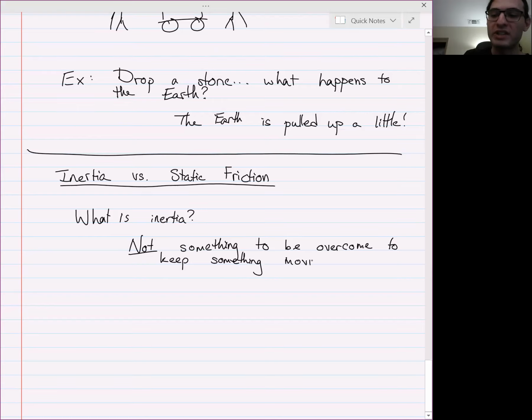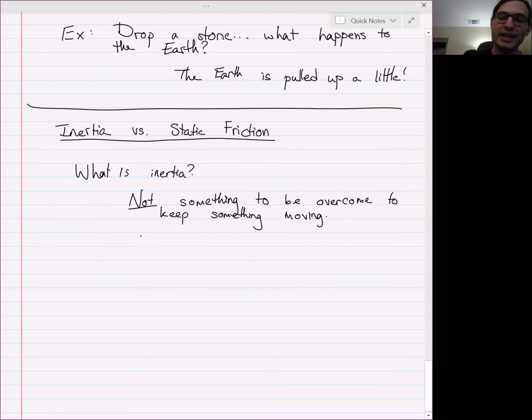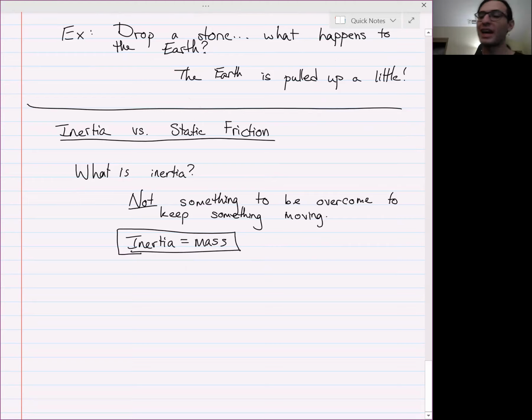The important point is people will say, oh, that speeding truck had so much inertia, or how do we overcome its inertia in order to speed it up more. That's not what inertia is. All inertia is, it's a fancy word for mass. That's literally all it is. They are identical things. Anytime somebody says inertia, replace it with mass, and if it doesn't make sense, then they don't know what they're talking about.